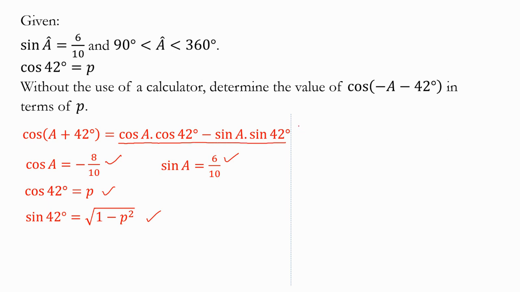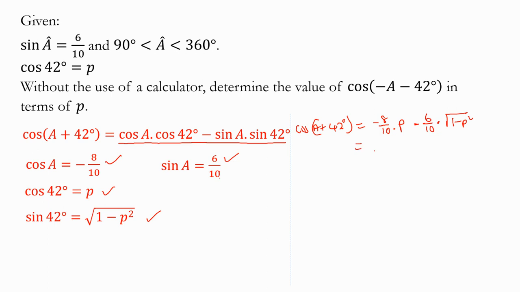So cos of A plus 42 degrees is equal to cos A, which is negative 8 over 10, times cos 42, that is p, minus sine A, 6 over 10, times sine 42, which is the square root of 1 minus p squared.